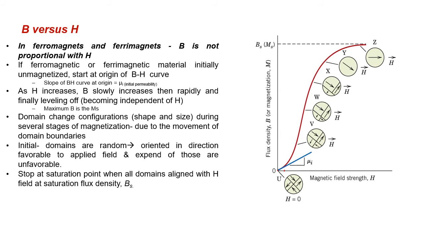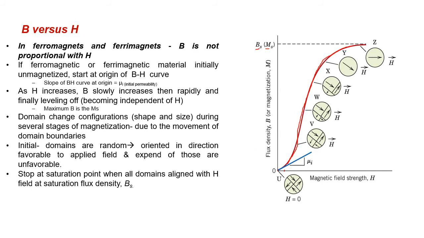Then when we further apply the magnetic field strength, the flux density will rapidly increase until a certain level where it achieves the Bs or Ms. The Bs is the flux density saturation, or the Ms, the magnetization saturation.